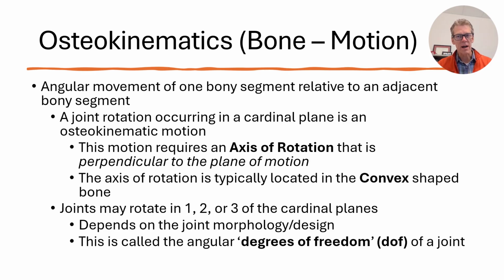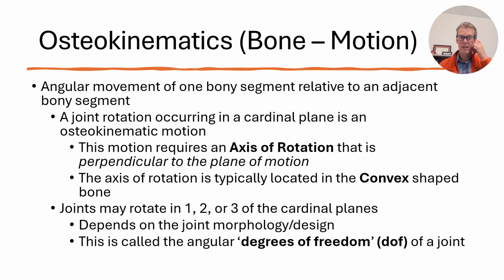That's not always how the body works, because sometimes that second fixed segment isn't really fixed. But we'll get into that in more detail in biomechanics, which starts in your winter term. But osteokinematics is one segment moving relative to another segment.